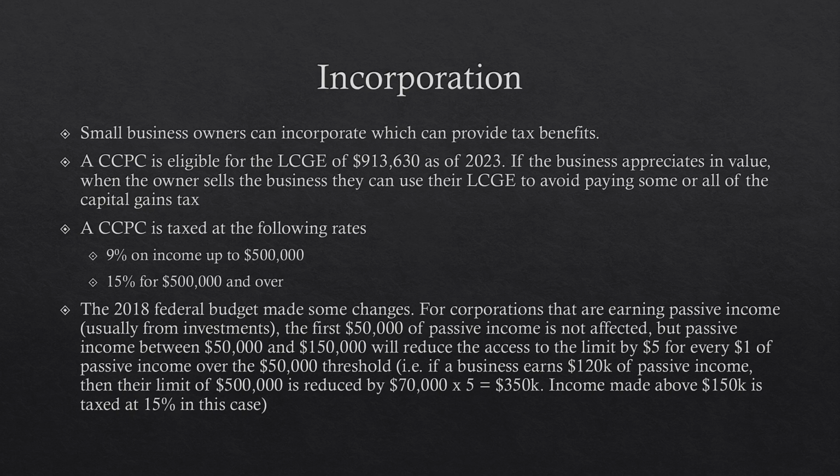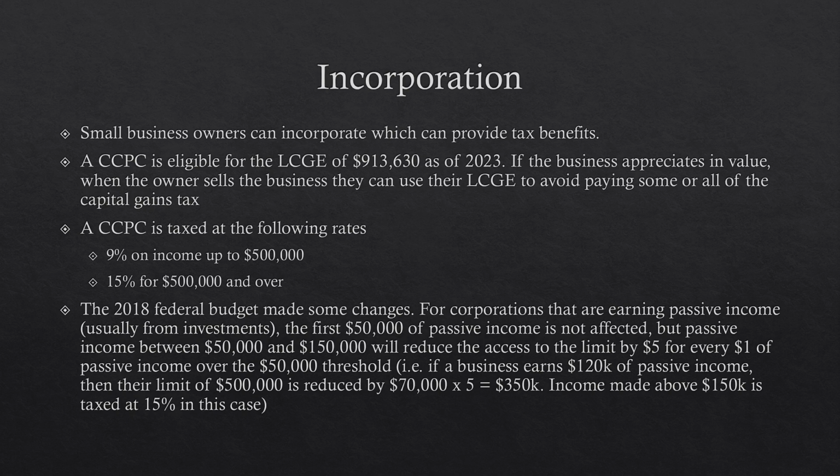For corporations that are earning passive income, usually from investments, a company can set up an investment account and earn income from that, sort of like a non-registered corporate account. The first $50,000 of passive income is not affected, but passive income between $50,000 and $150,000 will reduce the access to the limit by $5 for every $1.